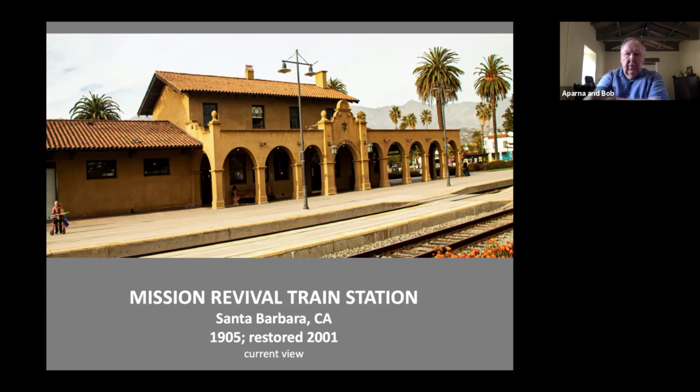So they drew on the popularity of the Mission Revival building at the World's Fair and the nostalgia for this older, fantasized time of California, and built their train stations in this Mission Revival style, often with nearby hotels in the same style. So when you took the train, you were taking a trip through time. Santa Barbara's Amtrak station is a good example of that.